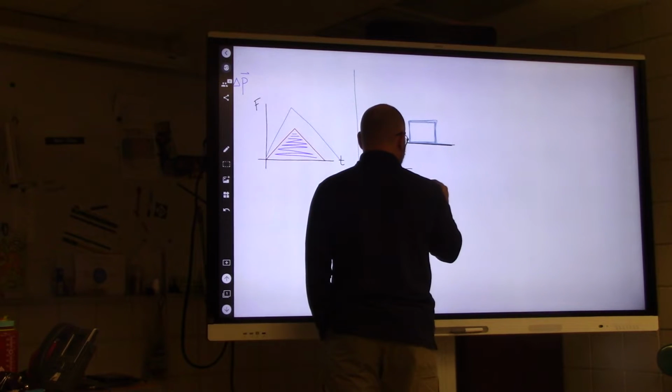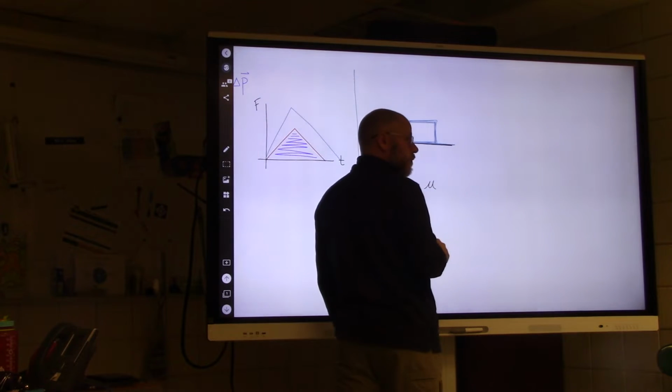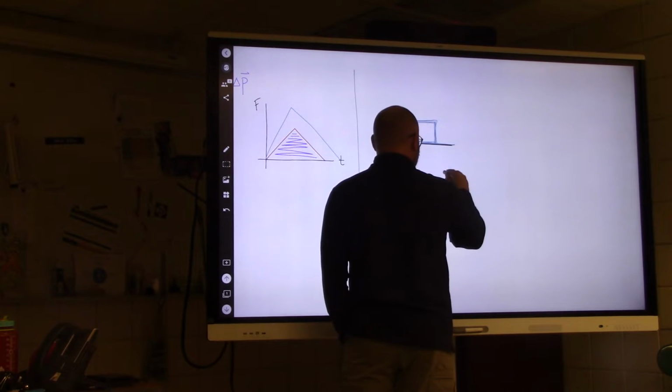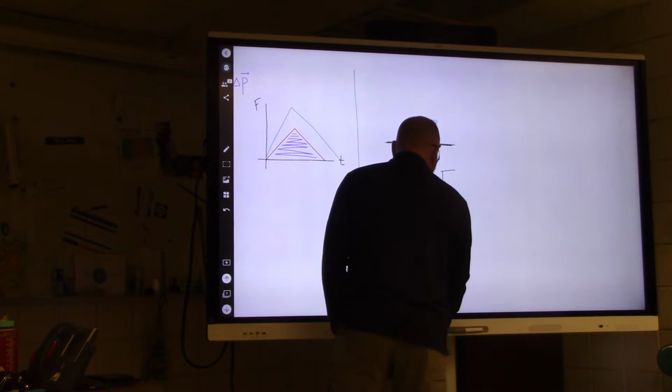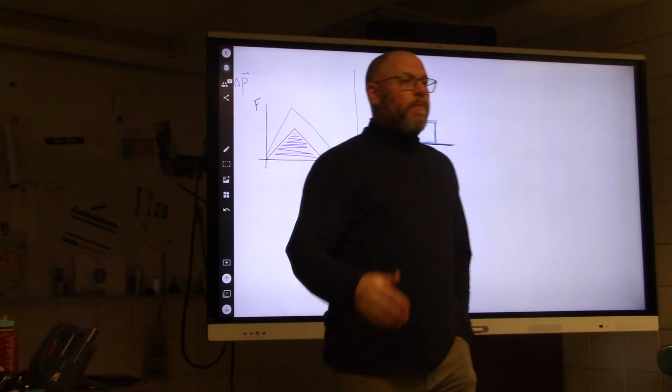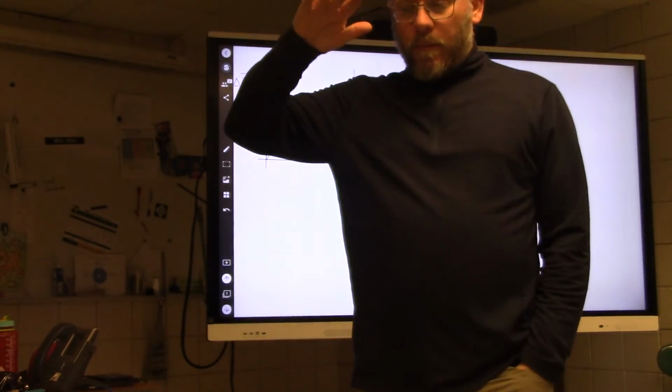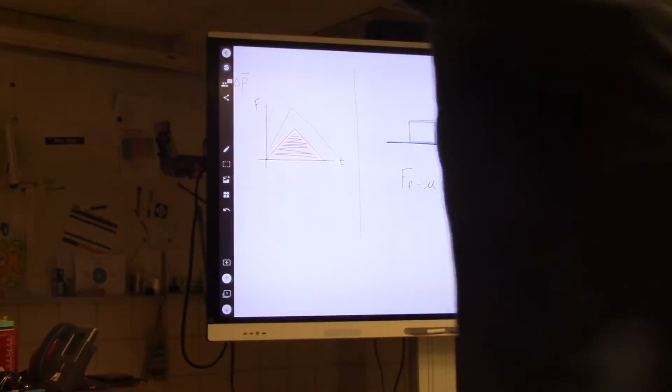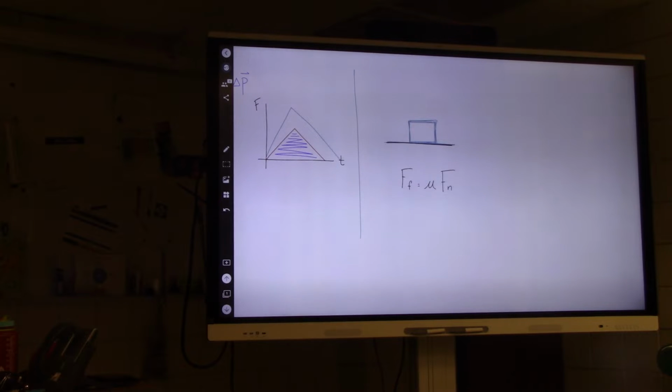It's the coefficient of friction times the normal force. Remember, by increasing the surface-to-surface contact, by making them press harder against one another, you're going to increase the friction between the two.